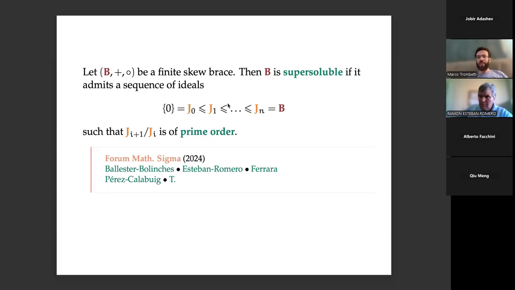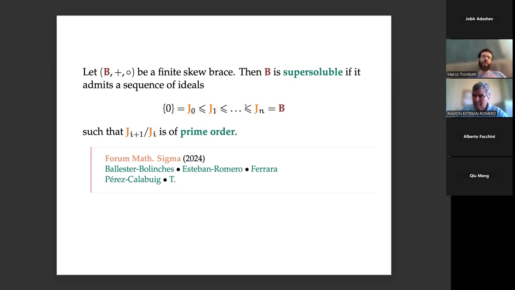Let's think about a finite skew brace, because we actually introduced the concept of supersolvability for arbitrary skew braces, but for finite skew braces, it's particularly nice because you get a sequence of ideals, connecting the zero subskew brace to the whole skew brace, in which the quotients have prime order. So this quotient here may be 2, and the other may be 3, and the other may be 4, and so on.